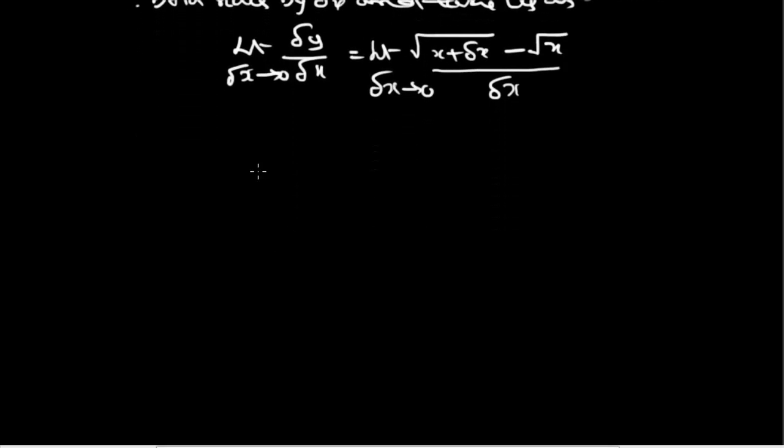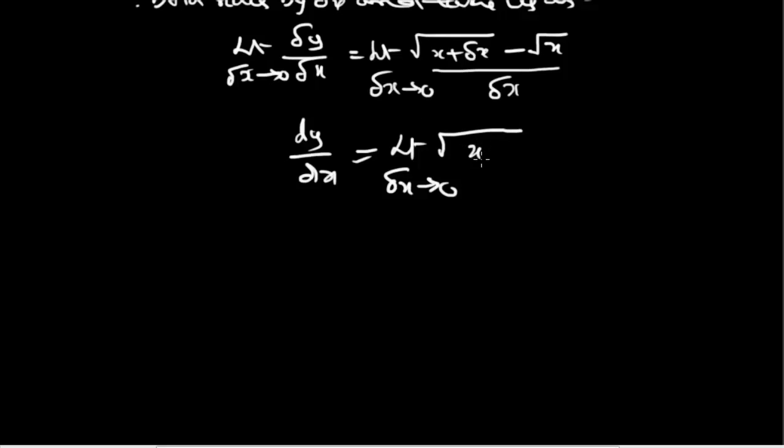Now left hand side, the convention is always dy by dx. Right hand side we have to evaluate the limit. As it is, when delta x is 0, it becomes 0 by 0, which is an indeterminate form. So multiply numerator and denominator by the conjugate of the numerator.